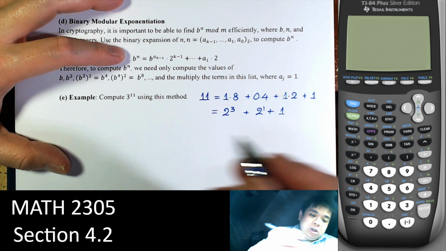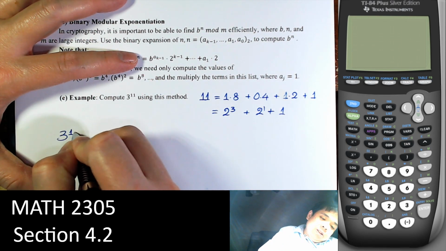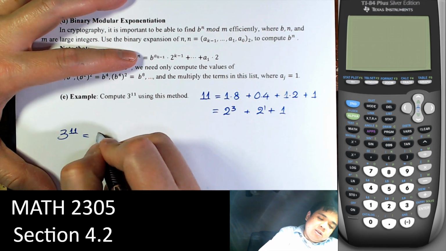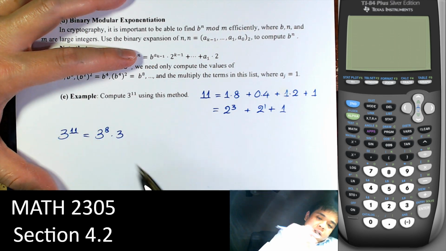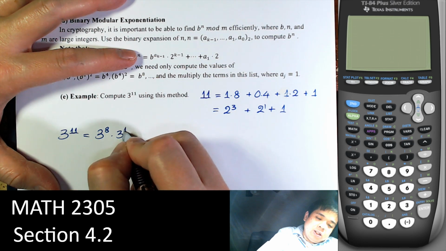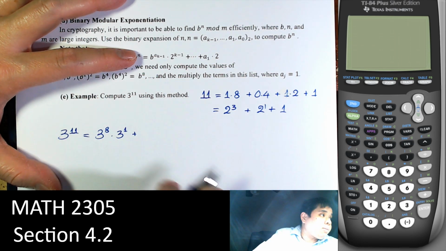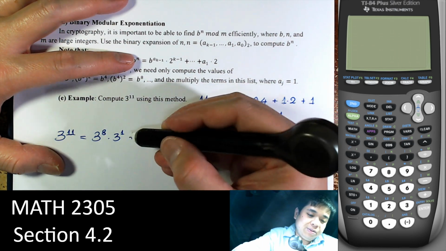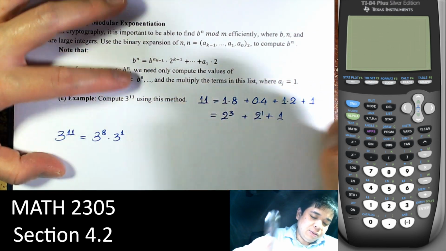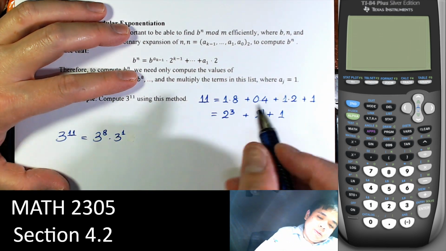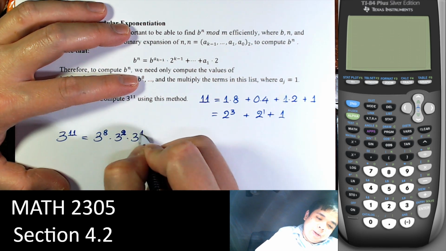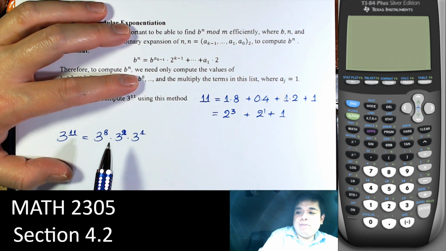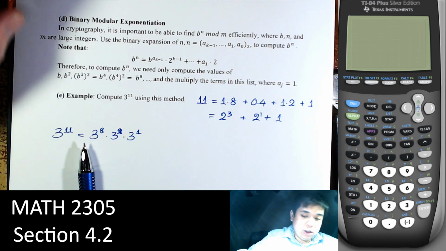So what is 3 to the 11? We can say it is 3 to the 8, times 3 to the 2, times 3 to the first. So 8 plus 2 plus 1 is 11, and all of them are powers of 2.